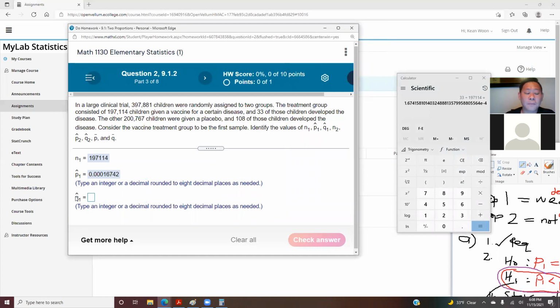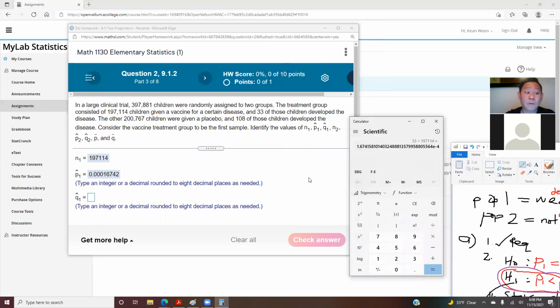How do you find Q? That is what I did not understand. What does Q stand for? Quartile, is it? No. Sample failure. So if this is success, can you tell me what is a failure?